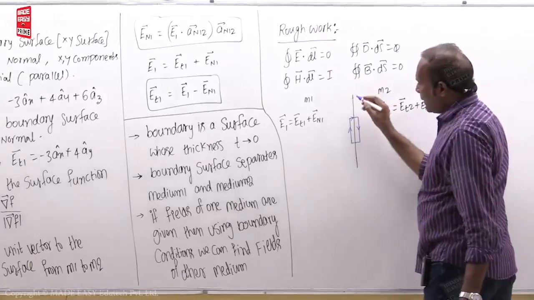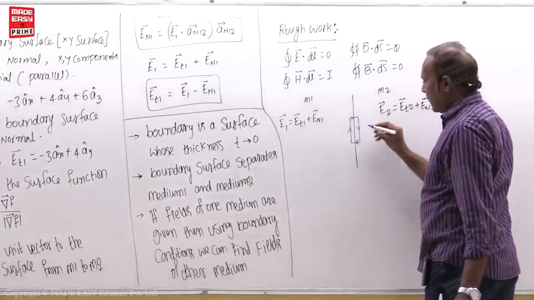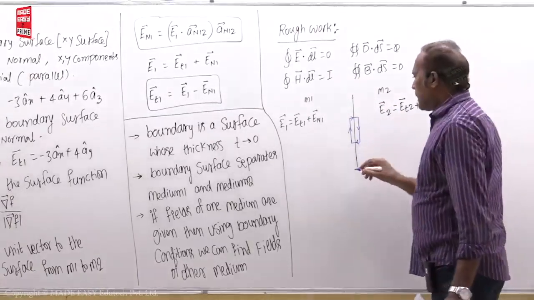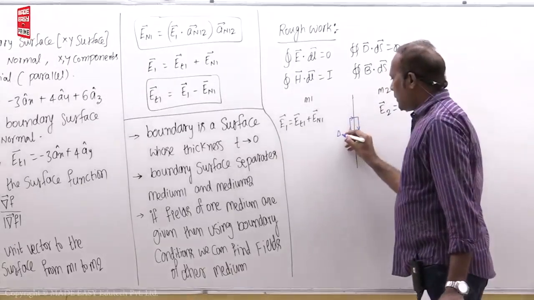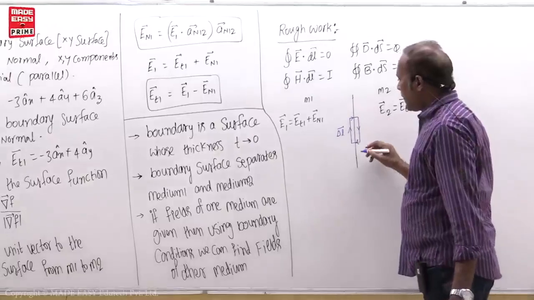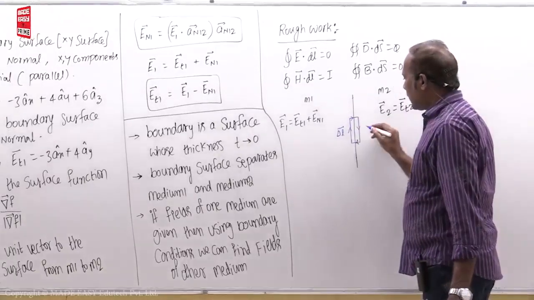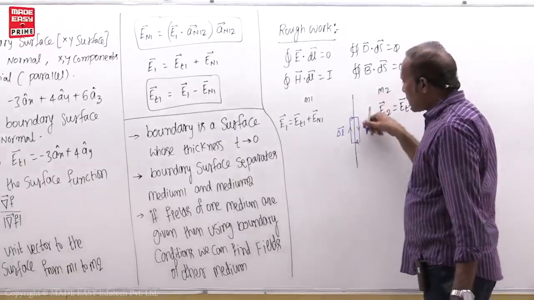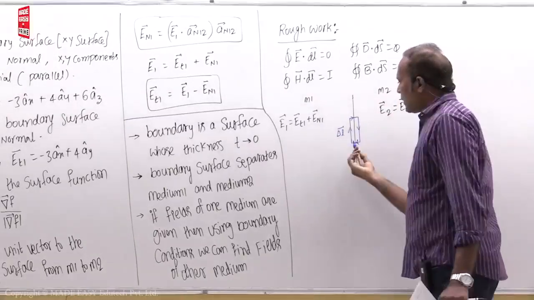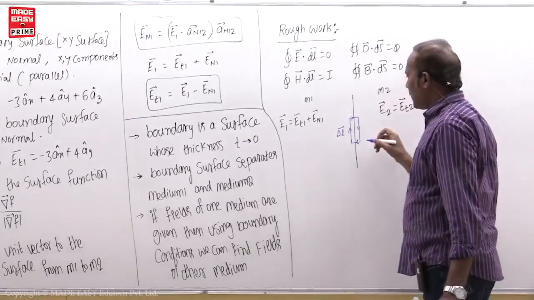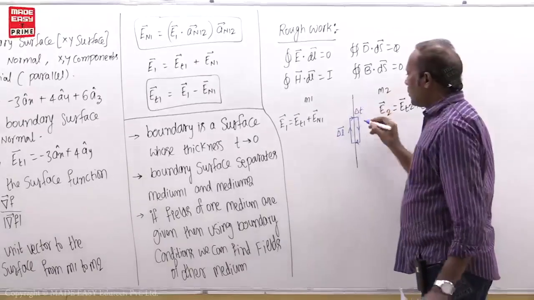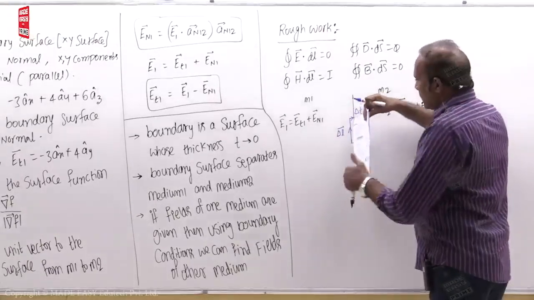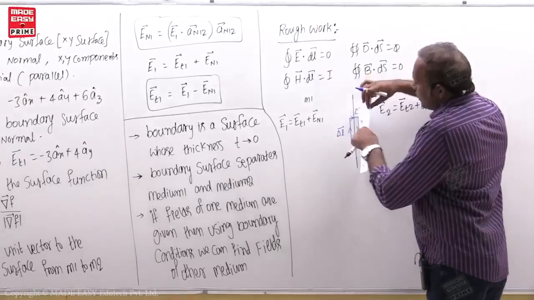If you are doing a line integral, you have to take the direction here. Let us take this as delta L, or otherwise dL. This is also delta L. Of course, down direction means minus delta L. Now I am taking this as delta T, but according to the boundary definition, the thickness of the boundary tends to 0.